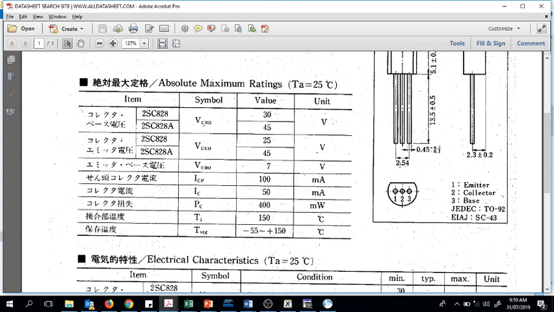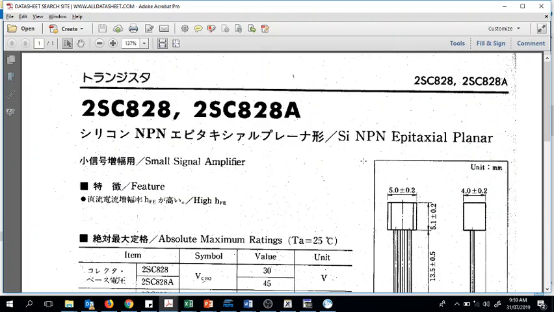Now this is a very widely used general purpose transistor, 2SC828. You might know it as C828. The 2S part is usually not pronounced. Very common as C828, and the other transistor is D400. Now this is a transistor that I love very much because you can hardly burn it.